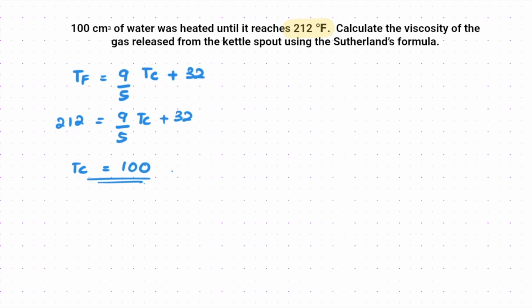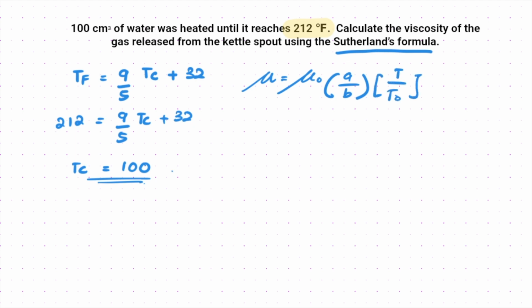Alright, so after that, because you were asked to use the Sutherland formula, so you need to use it. So the viscosity is equivalent to mu naught times A over B, so times T over T naught to the power of 3 over 2.